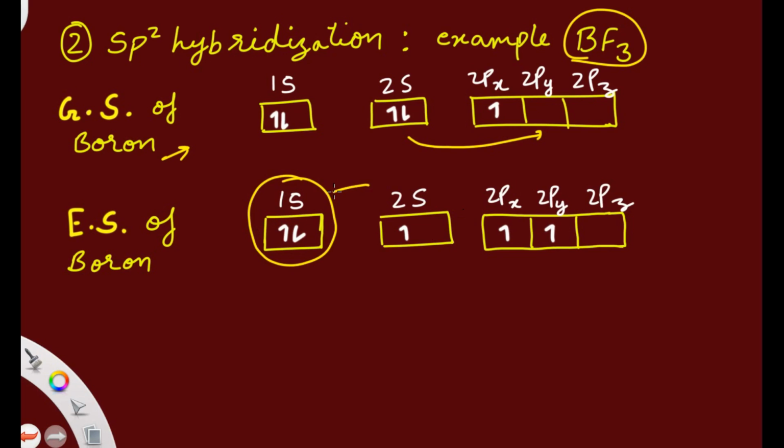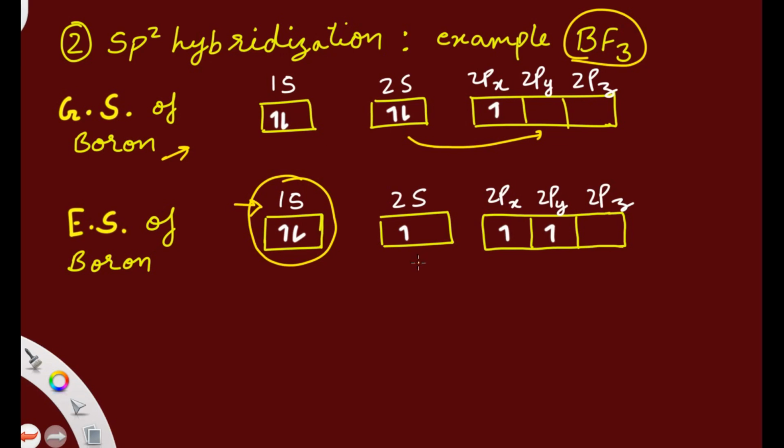First, the energy is different for 1s and 2p. There is a large energy difference. And the second reason is the 1s orbital is very close to the nucleus. So the force of attraction between 1s orbital electrons and the nucleus is high, and the nucleus won't allow it to participate in any bond formation, right?